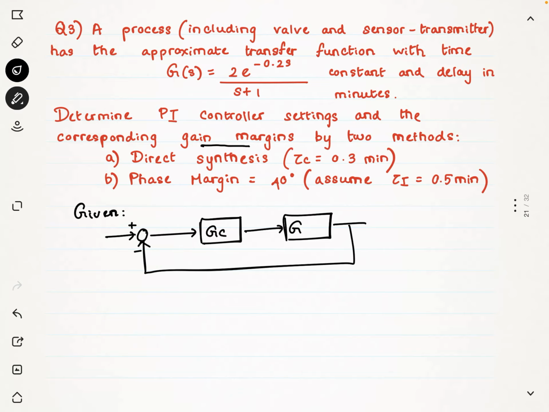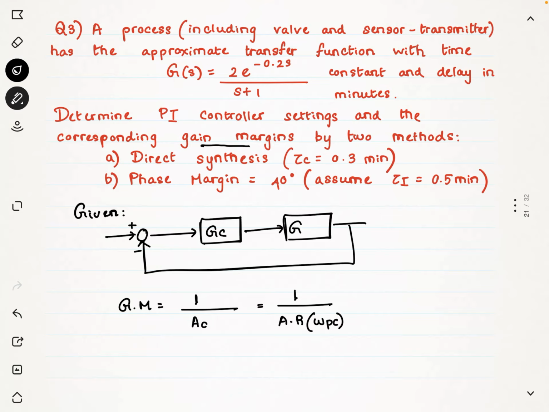And in both cases, what will be the gain margin? Gain margin is nothing but the inverse of the critical amplitude ratio, which is the amplitude ratio at the phase crossover frequency.